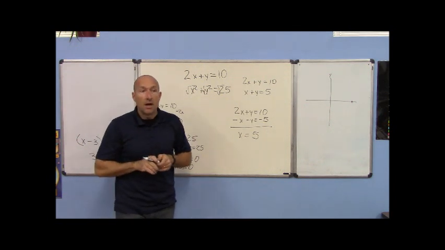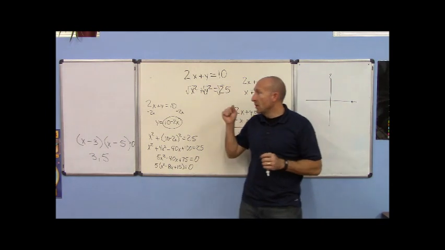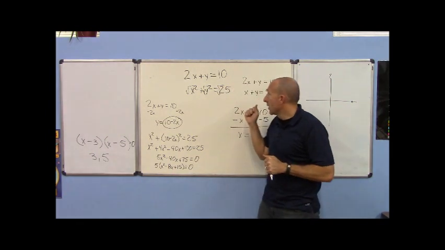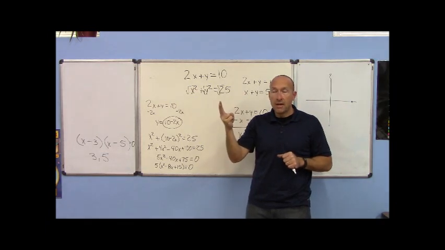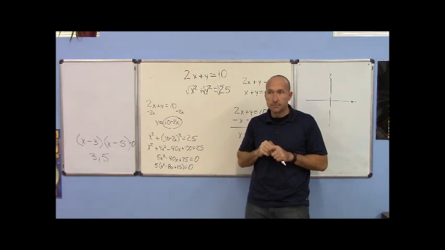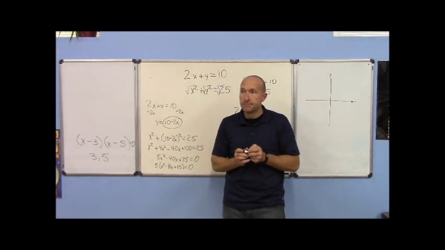So what are your basic 3 options? We have substitution, we have addition, and what is the third possible way? Do y'all know? Graphing is one of them. Yes, very good. You can graph them and determine your information.